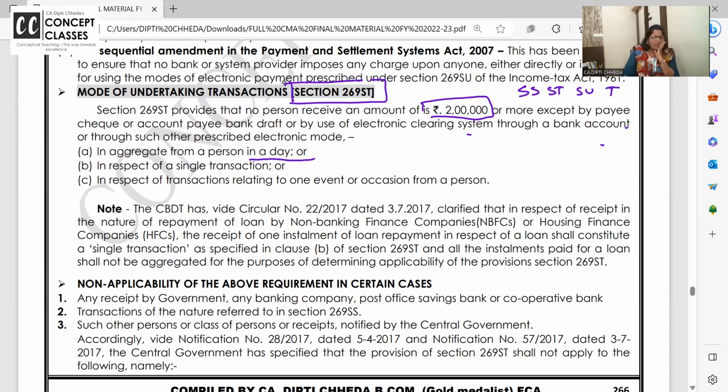But for any mode of transaction, you cannot pay more than 2 lakh rupees in cash in a single day, or for a single transaction, even over multiple days, or in respect of transactions relating to one event or occasion from a person. One event or occasion means anything, some function, some annual get-together. Related to that, above 2 lakh rupees you cannot pay cash.